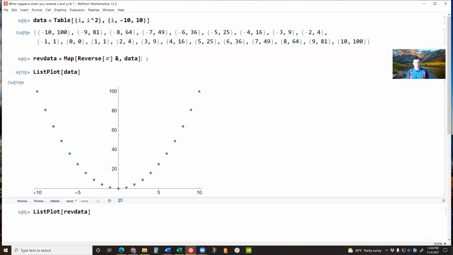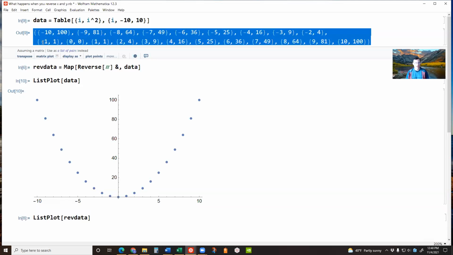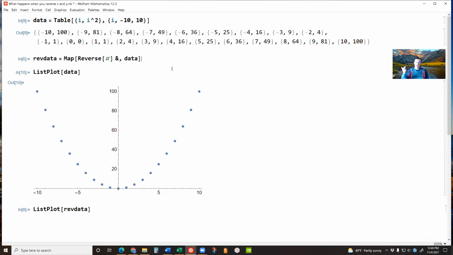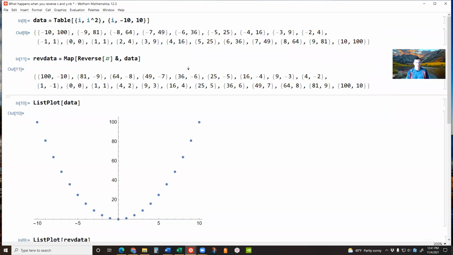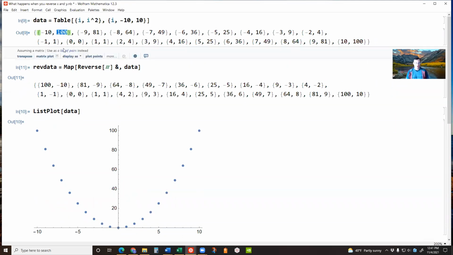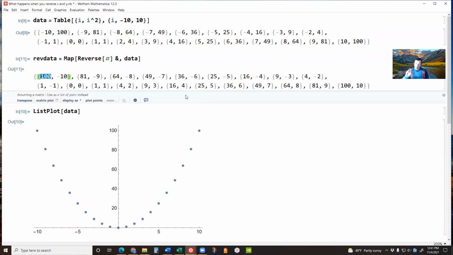Now, folks, if I take the data that I've created here, and I take each XY coordinate and switch the position of the X and Y values and get a list like this, where now 100, which was the Y coordinate on the first list, is now the X coordinate on the second list. So I'm switching the position of each of the X, Y coordinates of the first list in the second list.